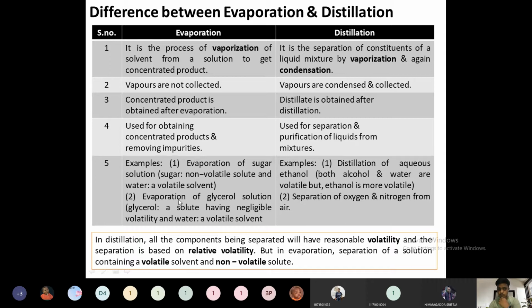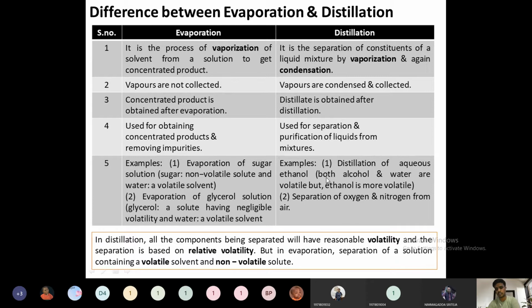In sweet glycerin separation, glycerin is a non-volatile or negligibly volatile solute, but water is a more volatile solvent. So in evaporation, the glycerol will be collected and the water will be left to the atmosphere. So these are the examples for evaporation.